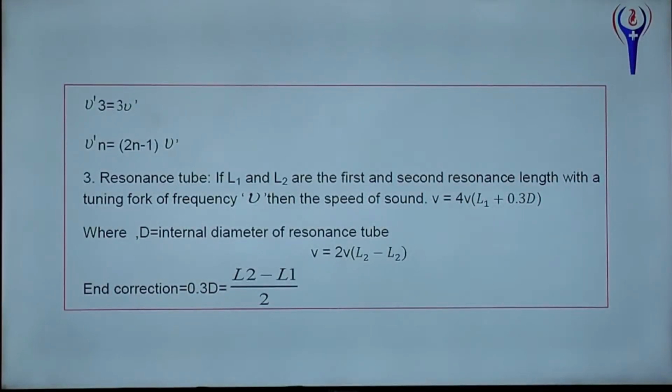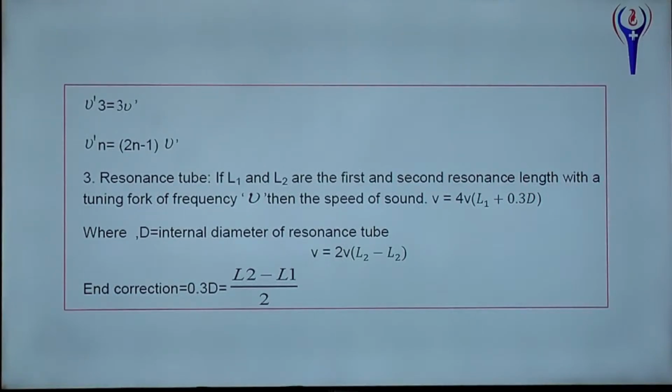And note down this formula: v equal to 2 nu into (L2 minus L1).